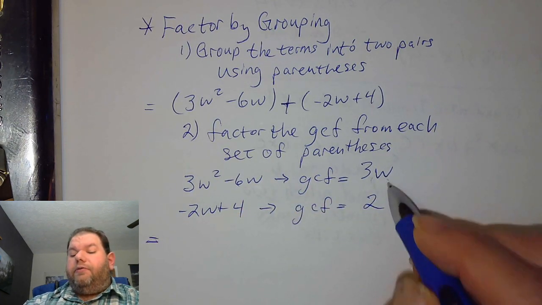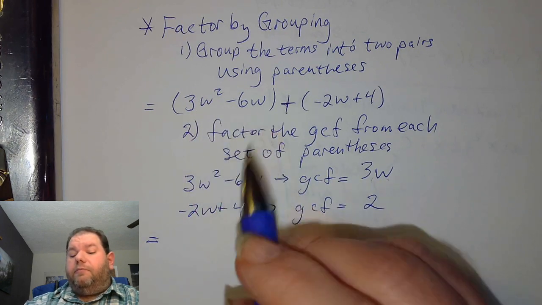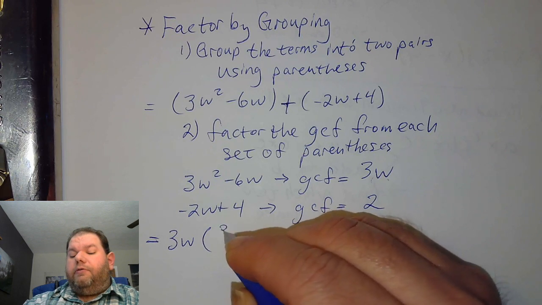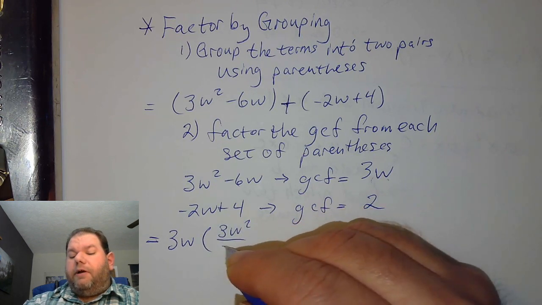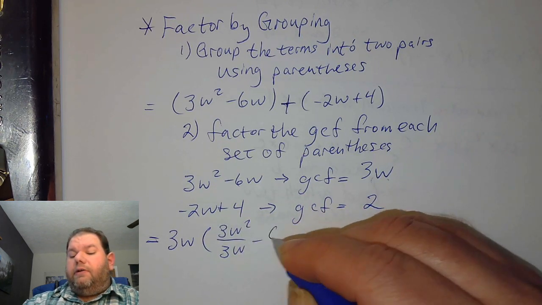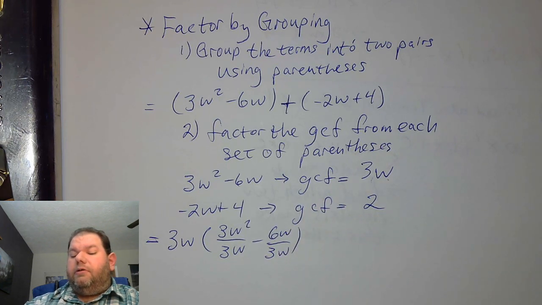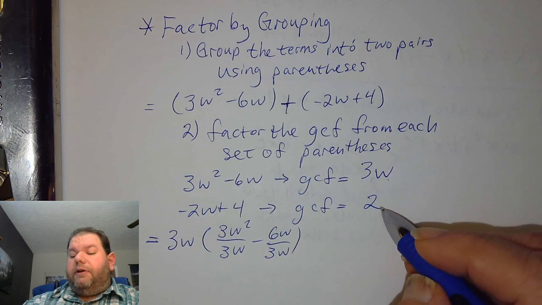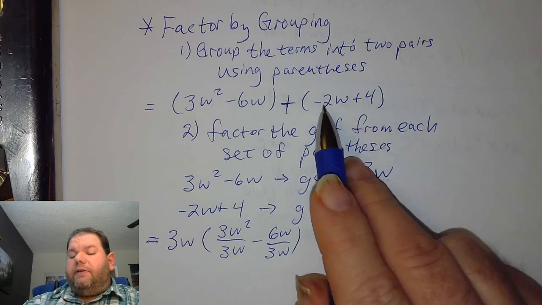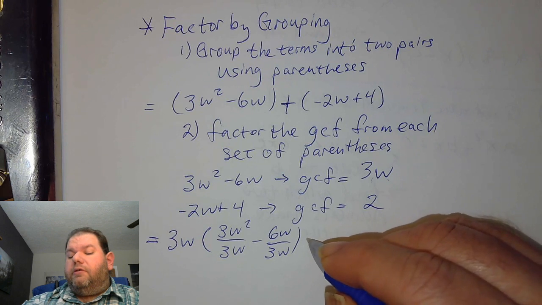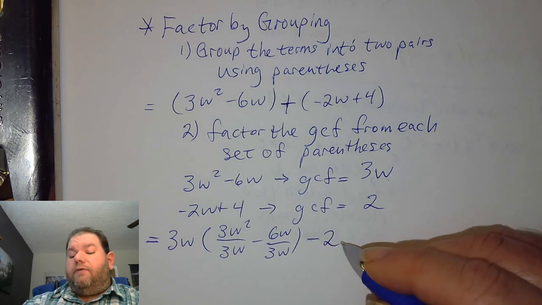So we want to take 3w out of this first set of parentheses. So 3w squared will be divided by 3w, and 6w divided by 3w. And we want to take a 2 out of the second set. Now the second set starts with a negative. Let's take out a negative 2 from everything.